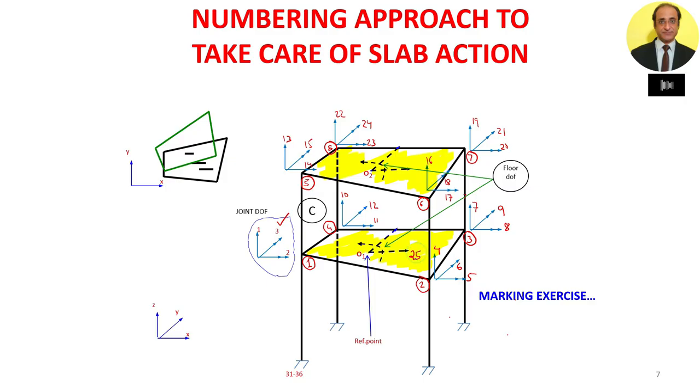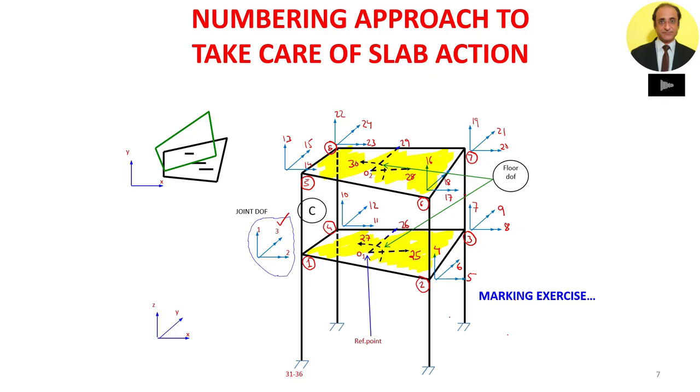25 is the horizontal translation of the first floor in the x direction, 26 is the translation in the y direction, and 27 is the rotation about the global z axis. And similarly we have 28, 29 and 30. After we have numbered all the degrees of freedom associated with the joints and the floors, we number the degrees of freedom associated with reactions.